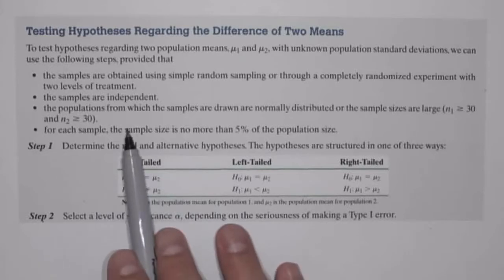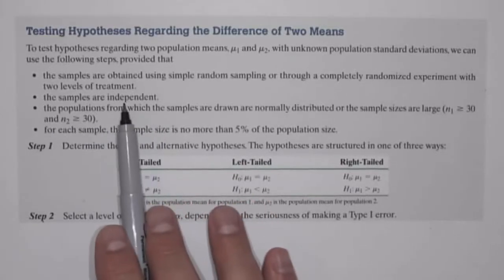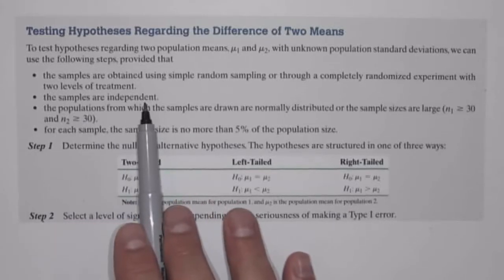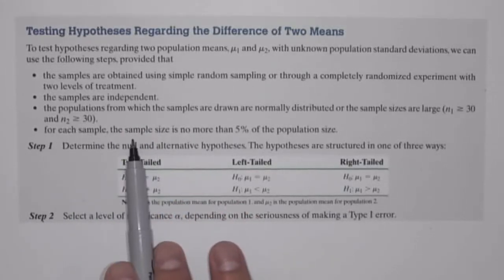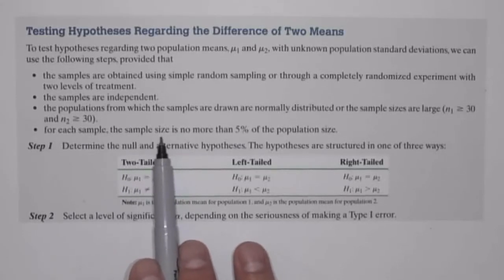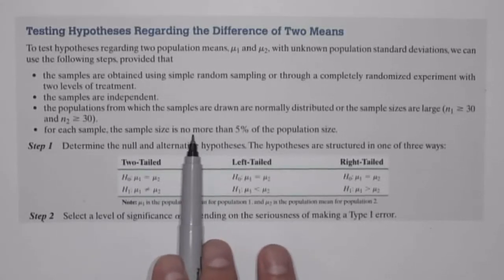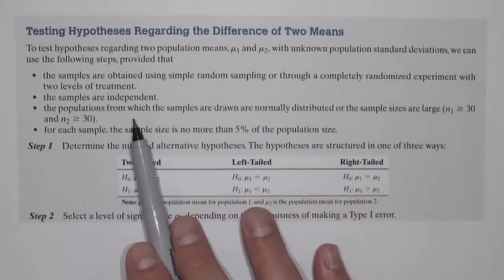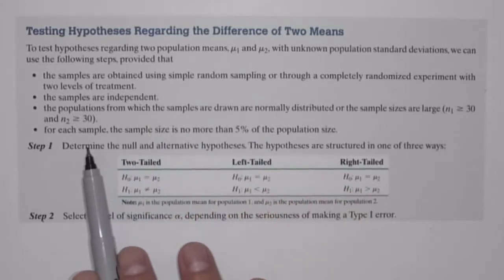So again, there's two types of independence. In this case, there's independence between the two samples. That's what the second bullet's indicating. And the last bullet is there's independence within the sample. So the individuals in each sample are not related to each other, and the individuals within each sample are not related to the individuals in the other sample.